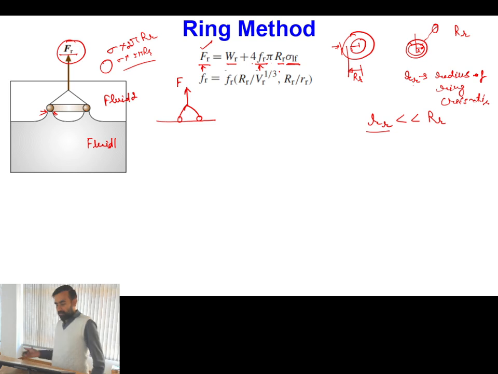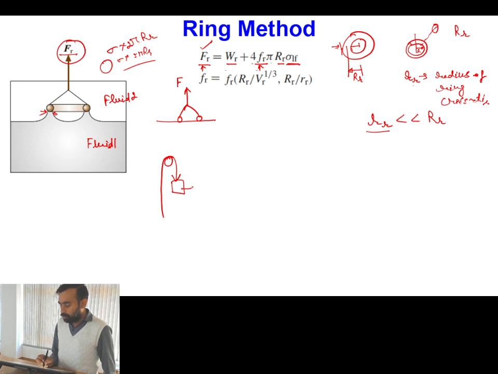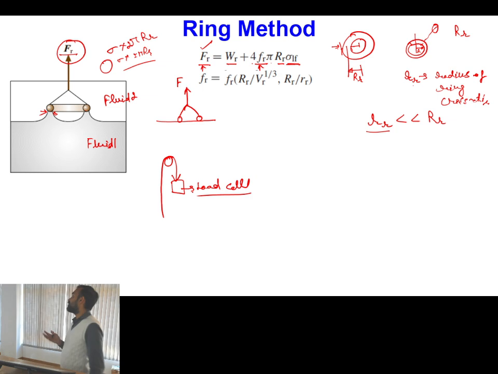Whatever mechanical arrangement we have to pull the ring upward should be connected to a load cell or other transducer which can measure the amount of force we are subjecting the ring to in order to move it upward. So for that we have to make some external arrangement.